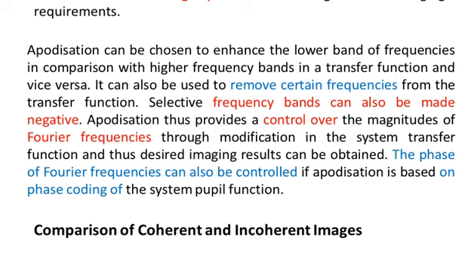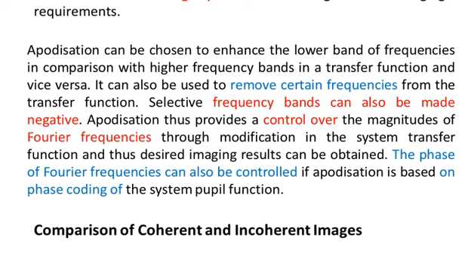So you see that in our transfer function we have lower frequencies which are close to the zero axis, and you know that when you move away from the zero axis, you are going in the direction of higher Fourier frequencies. So in optimization you can enhance the magnitude of the lower frequencies in comparison with the magnitudes of the higher frequencies.